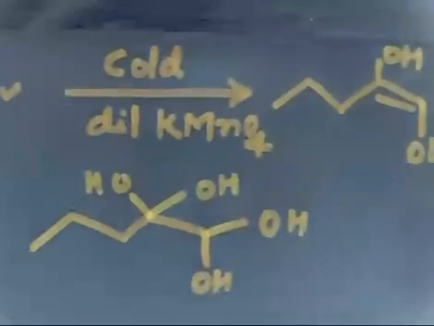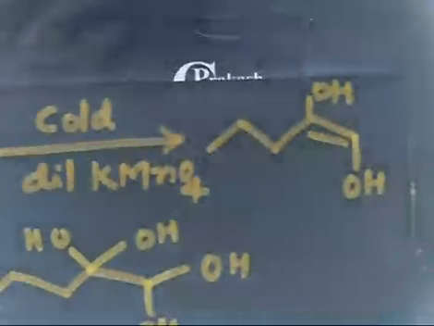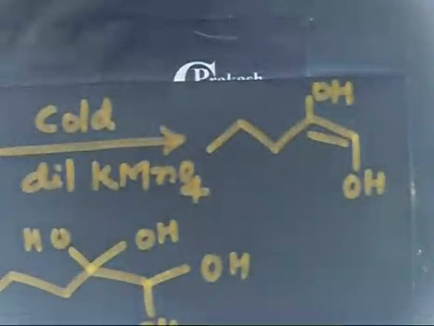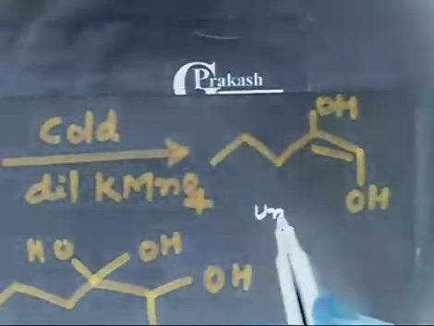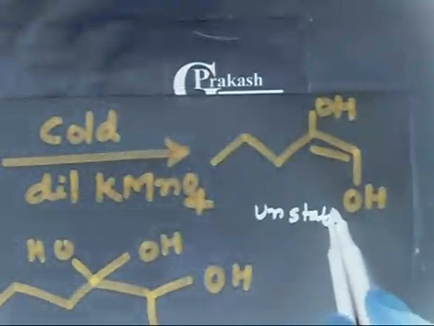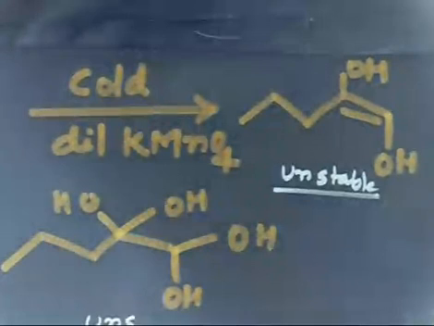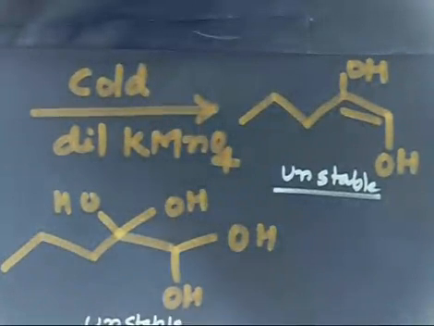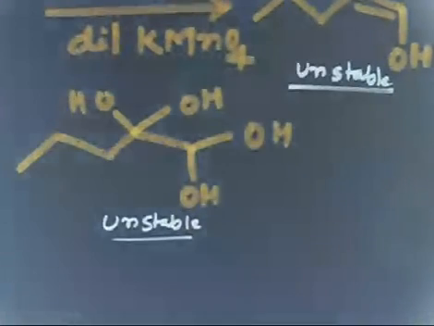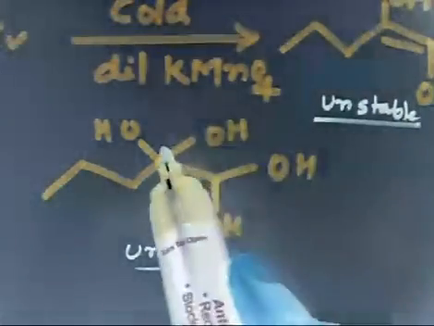And now this is also unstable. So this is unstable, and this is also unstable. So what will happen in this case? It can lose 1 molecule of water. If it loses 1 molecule of water from here, I will have a ketone.